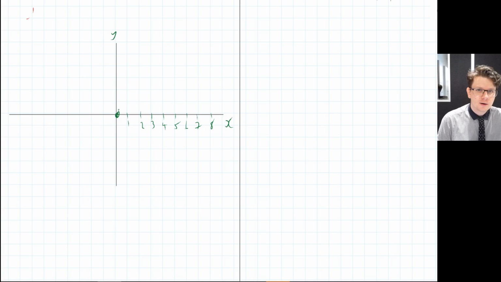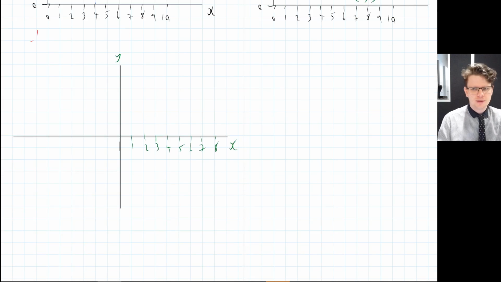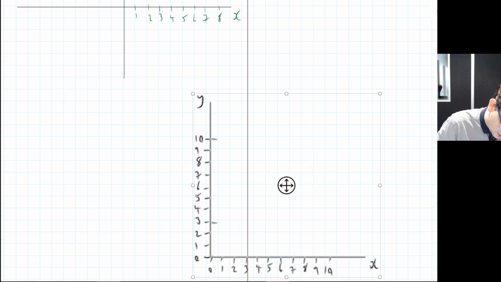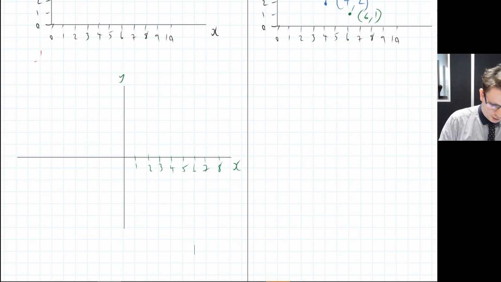Because 1, 0. So we've hit 0 there. Now, what do we put on the left side? Well, we're going to start counting in negatives. So 3, 2, 1, 0, negative 1, negative 2, negative 3, negative 4, negative 5, negative 6, negative 7, negative 8.